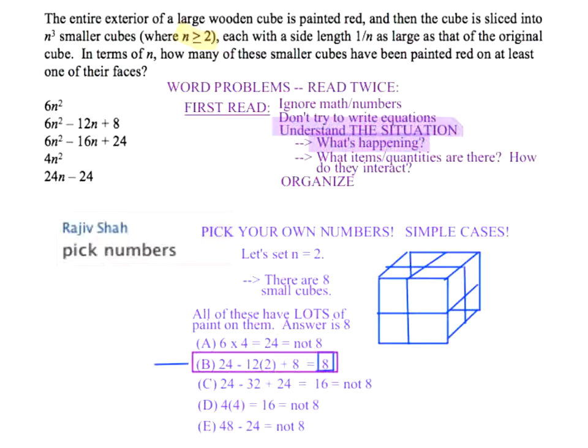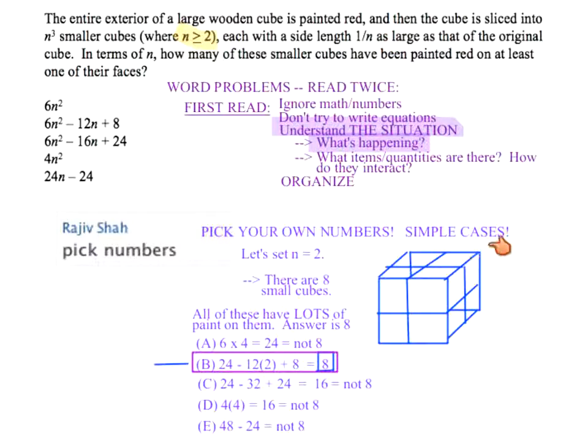If 100% of your attention is going toward understanding the situation, then you will figure this out. You have a big cube that you slice up into n cubed smaller cubes that are each the same size. So your n is how many cubes on a side.